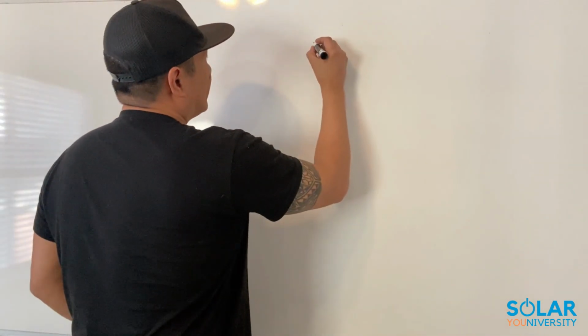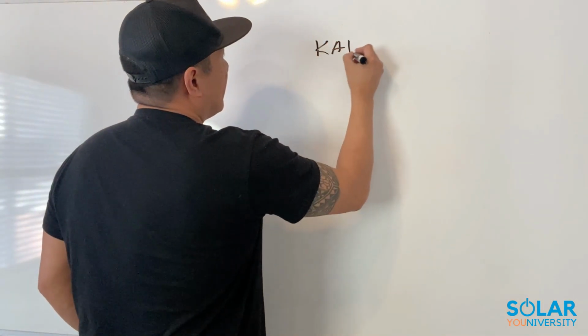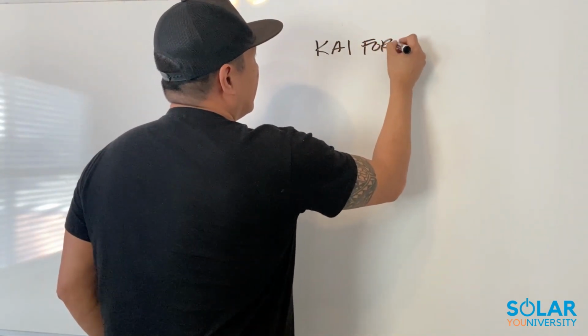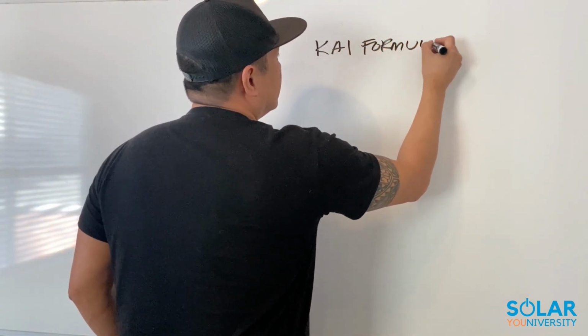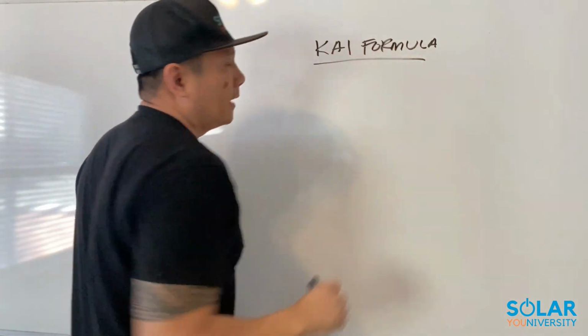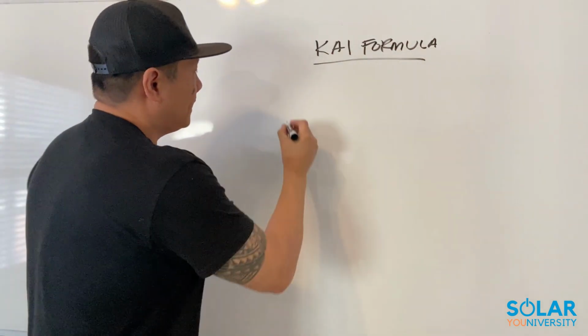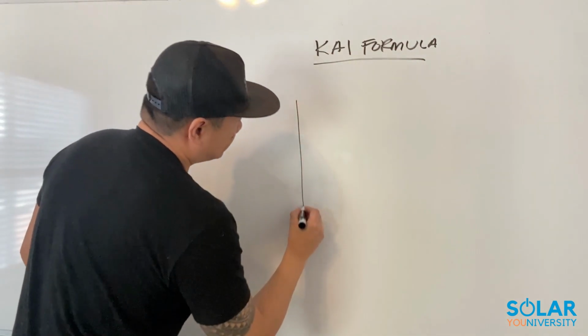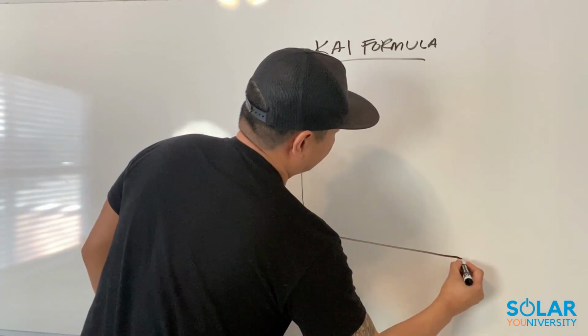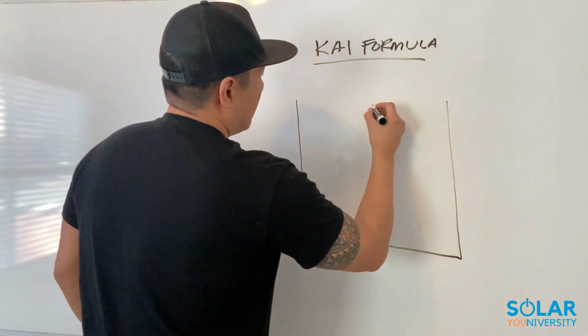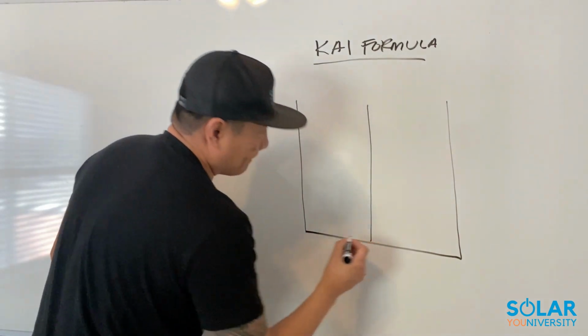So what I call it is the KIA formula, right? KIA formula. And this is an abbreviation, meaning that this is basically a line graph, right? It's a metric.